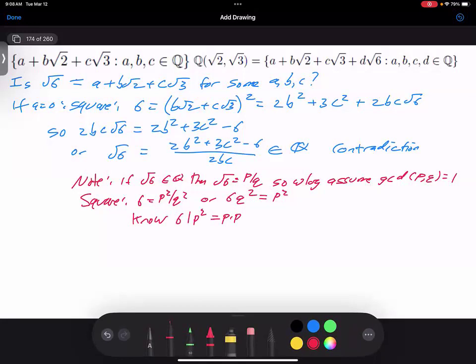What we can deduce from this is, if a prime divides a product, then it has to divide at least one factor. Therefore, 2 divides P and 3 divides P, as a prime dividing a product divides at least one factor.